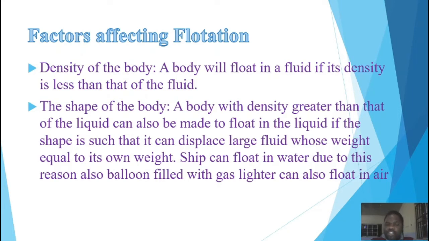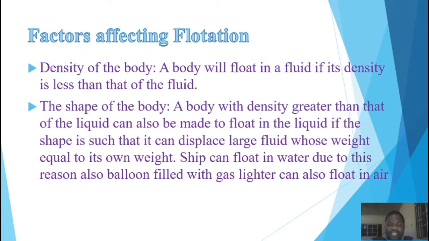For the first condition, it is density. This one is the shape. Under this shape, we discover that a body can float in a liquid even if its density is bigger. We say that if the density of a body is less than that of a liquid, it floats, but there are some cases whereby the density of a body will be greater than that of the liquid, but still the object can float in the liquid, depending on the shape.